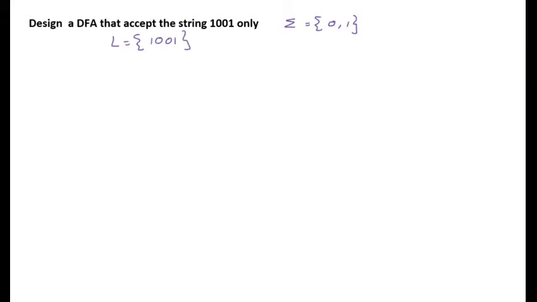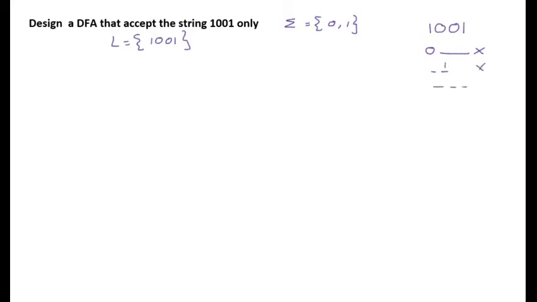Since the finite automata is accepting only one string, that is 1001, the first symbol must be 1 and the second symbol must be 0 and the third symbol must be 0 and the fourth symbol must be 1. Suppose the string is starting with 0, the finite automata should not accept. And if the second symbol is 1, it should not accept.